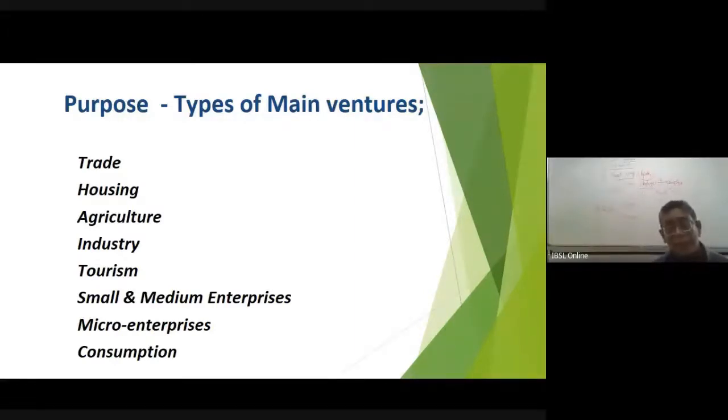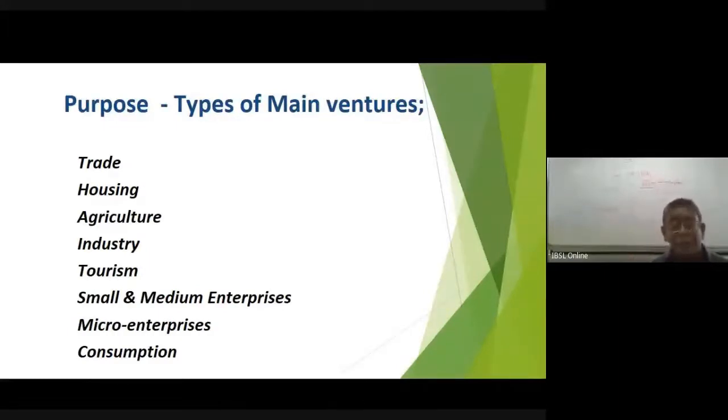Some people borrow money for agricultural purposes, industrial purposes, tourism purposes, to build up their small and medium enterprises, for micro enterprise businesses, maybe for consumption purposes. There are different types of purposes.